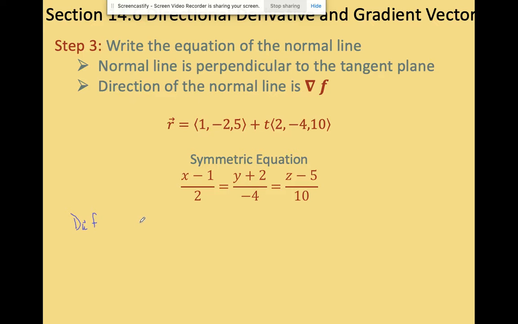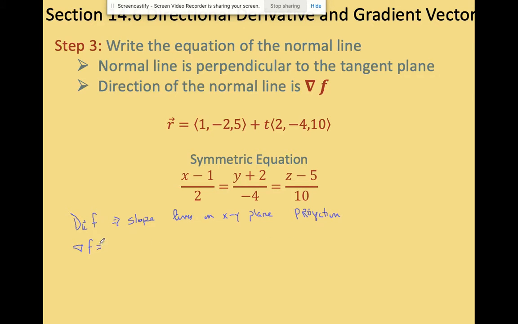Do you understand that it is a derivative? Do you know what the gradient of f is? It kind of lives in the xy plane, right? It's a projection.